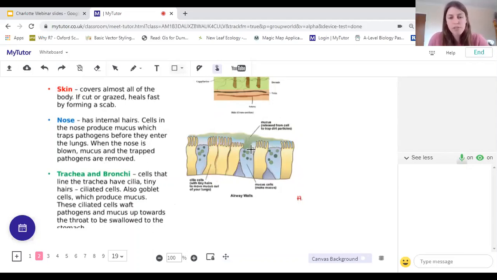And then we also have these goblet cells here, which make mucus. So the goblet cells make the mucus, and then the ciliated cells use their hairs to waft the pathogen and mucus up towards the throat, away from our airways, to be swallowed. Then the pathogen goes down to the stomach.